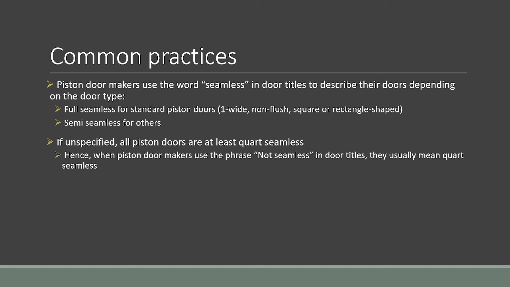We actually mean quartz seamless. So we at least expect any piston doors that we create to be quartz seamless, basically. So that's the common practices of seamless when you communicate or use it in door titles.